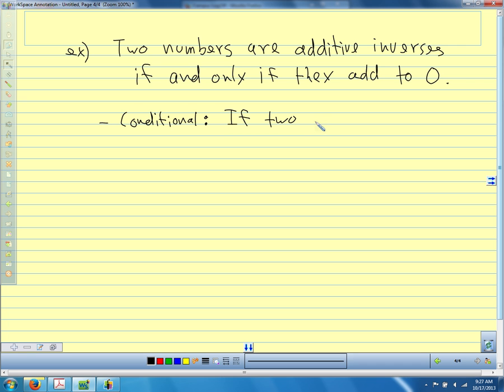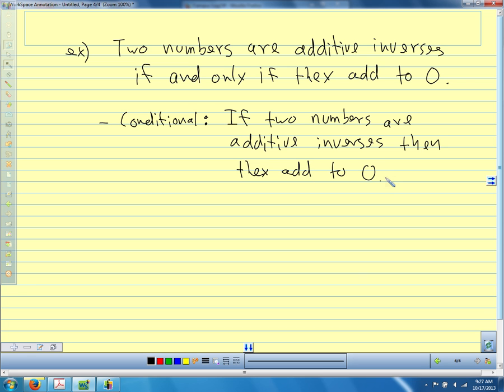So that would be the first part. You have two numbers are additive inverses. Then, what would be the next part? They add to 0. That would be our conditional.